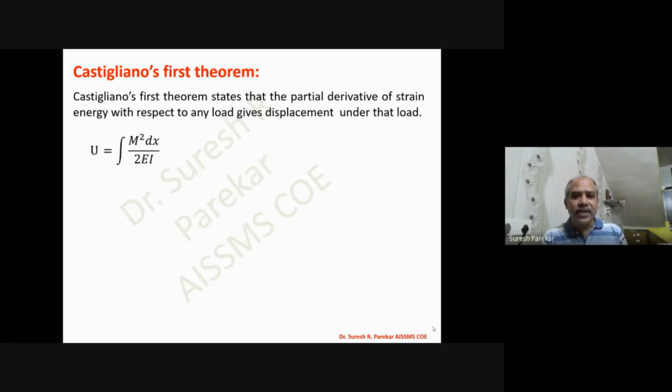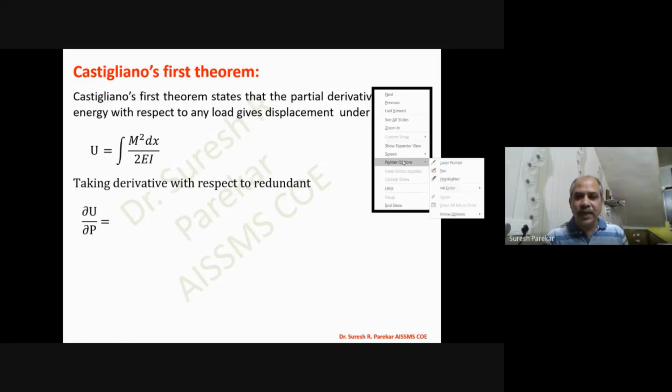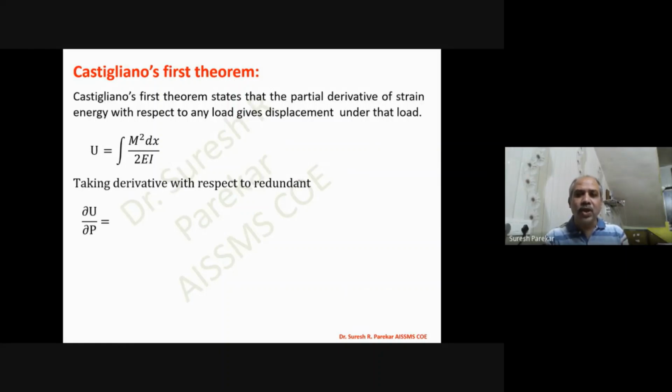Now we know we have strain energy, which is M square dx upon 2EI, and we have to take the derivative with respect to a redundant, or in this case with respect to load. So instead of redundant, we can write it as with respect to load.